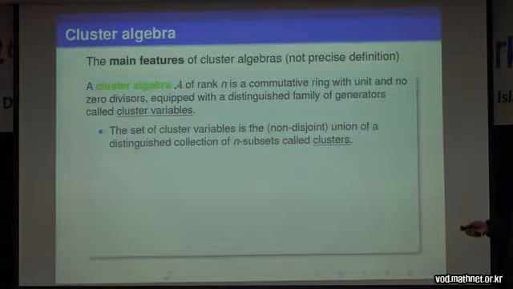Here, the set of all cluster variables is a non-disjoint union of a collection of n-subsets. Here, the rank is n, so you need to consider n-subsets. Each n-subset is called a cluster.